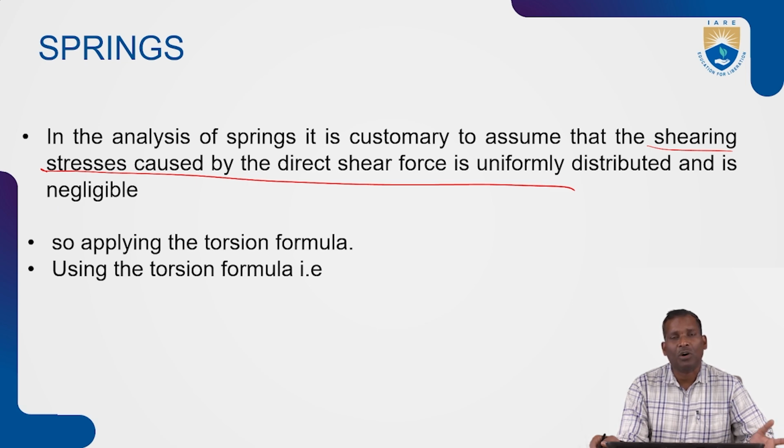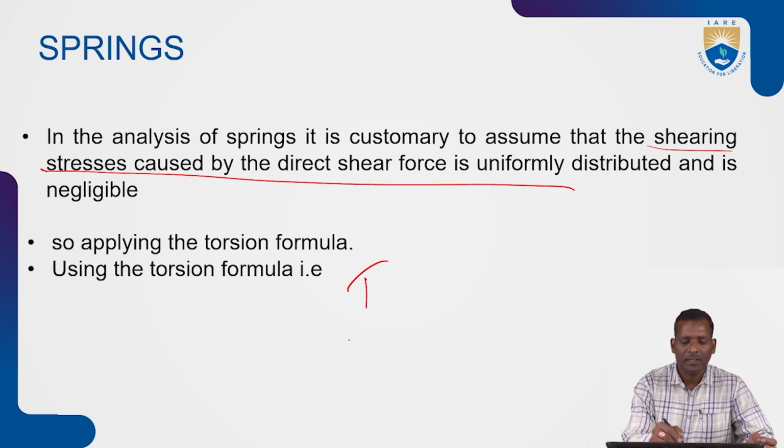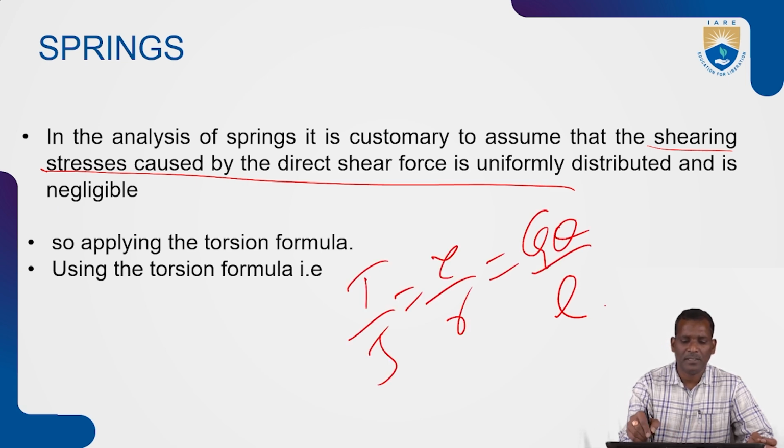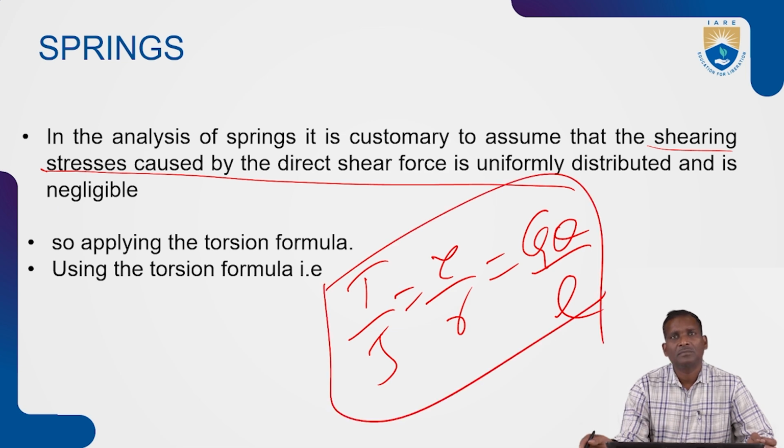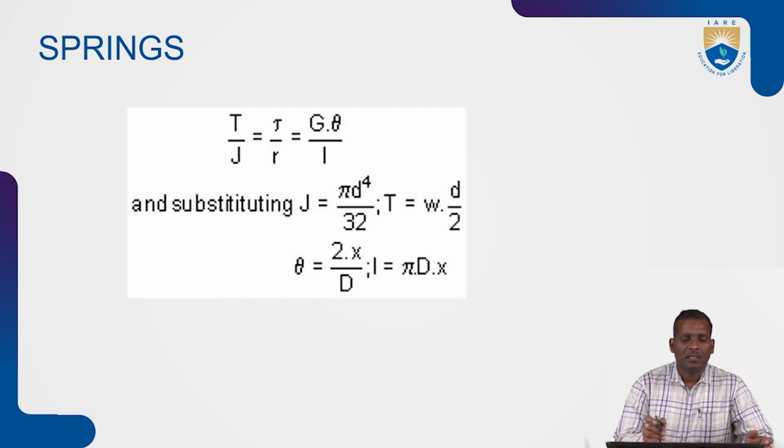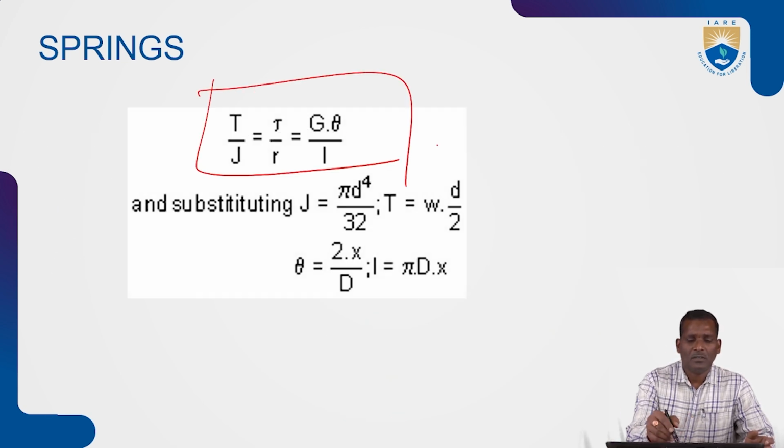So apply the torsion formula. We have already derived it in a previous session: T by J is equal to tau by R is equal to G theta by L. Using this formula, you need to derive the angular twist, torsion shear stress and deflections.